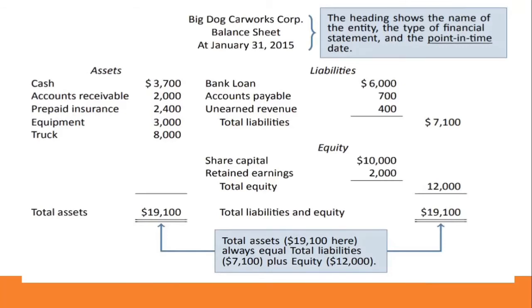Now, in the balance sheet, your assets should always be equal to your liabilities plus owner's equity. And as you can notice, your assets are located on the left side and your liabilities plus owner's equity are located on the right side. So as you can see, this is an example of the balance sheet of Big Dog Car Works Corporation as of January 31st, 2015.